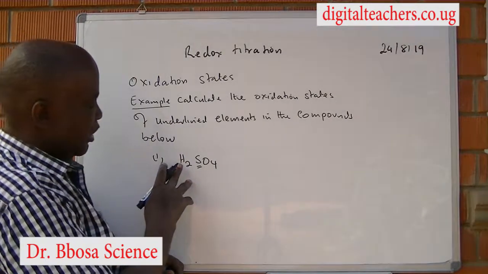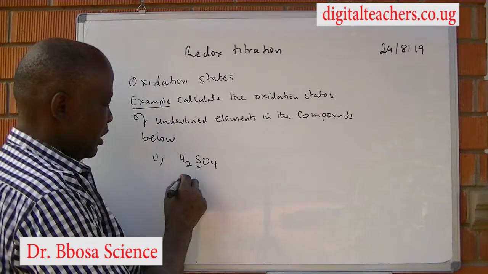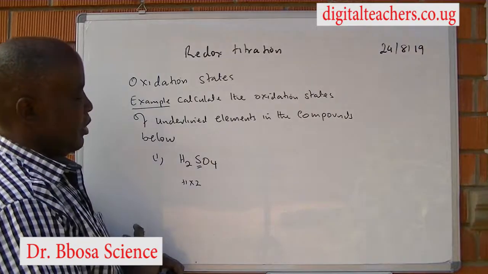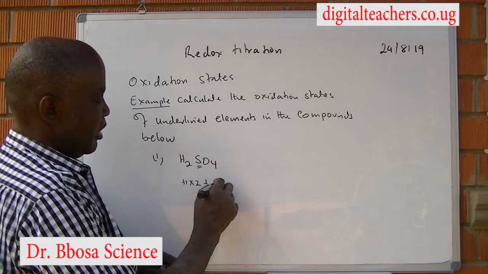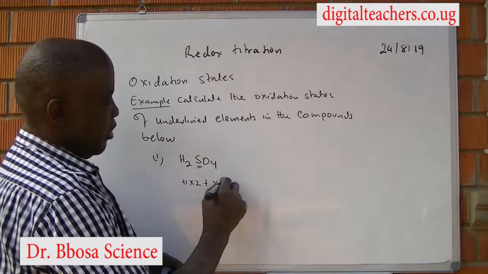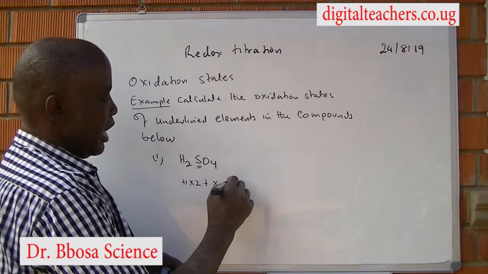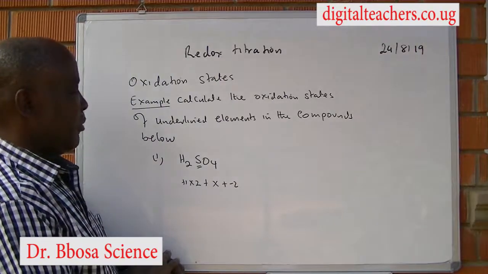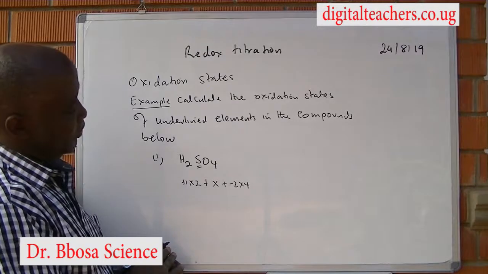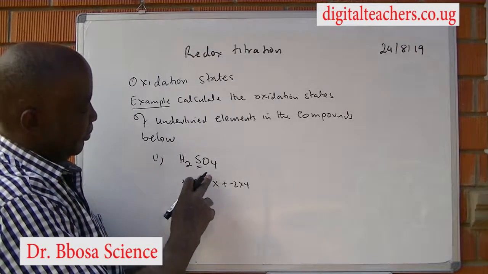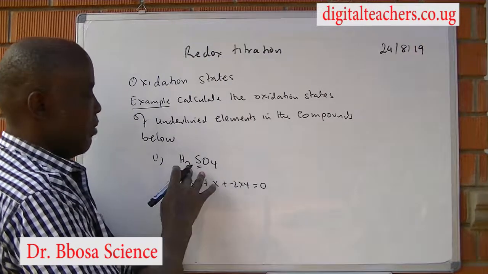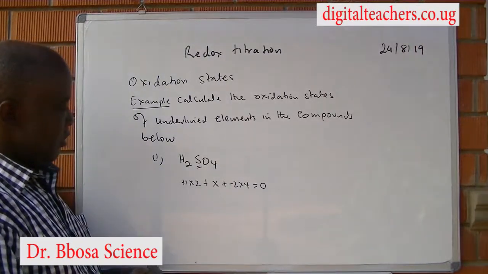We have said that the oxidation state of hydrogen is positive 1, but there are 2 atoms. The oxidation state of sulfur we don't know, we can give it a letter x. Then the oxidation state of oxygen is negative 2, but there are 4 atoms in a molecule, and therefore this is equal to the overall charge on the molecule, which is equal to 0.